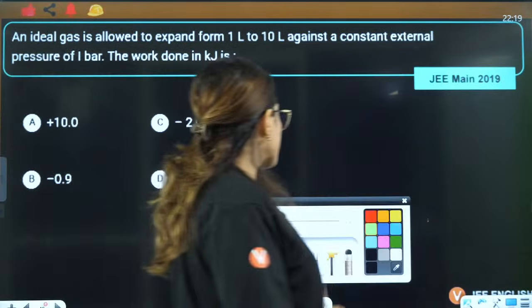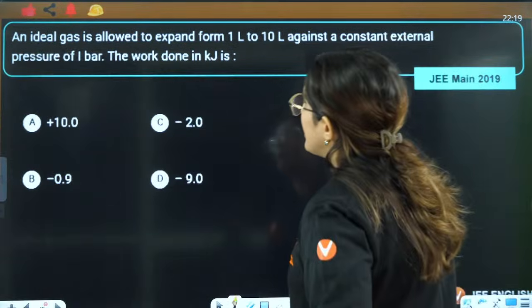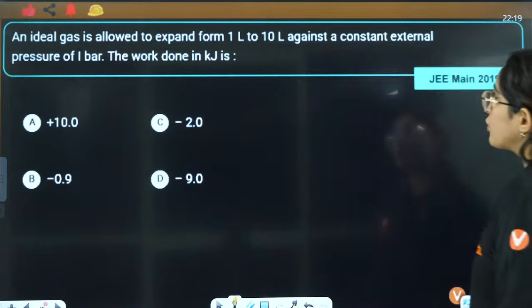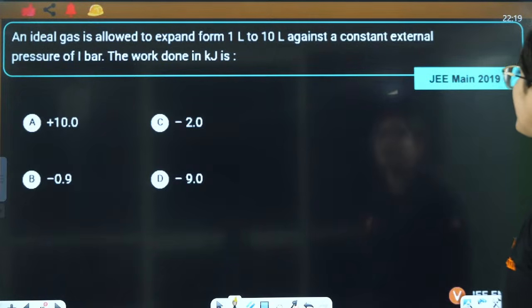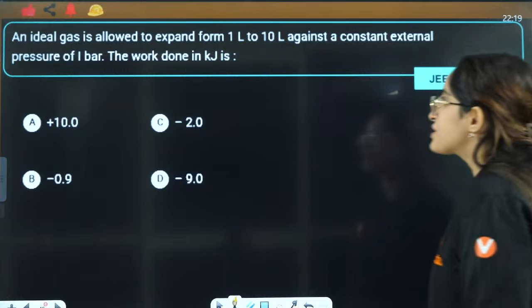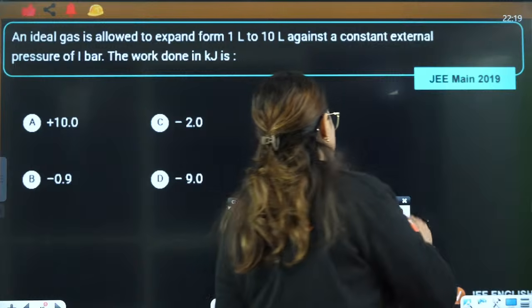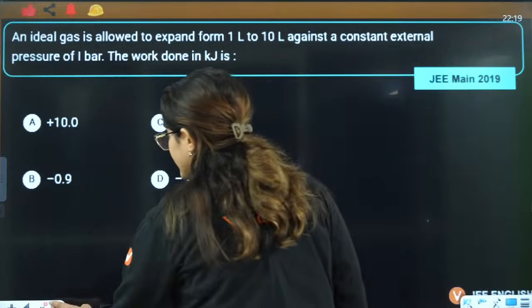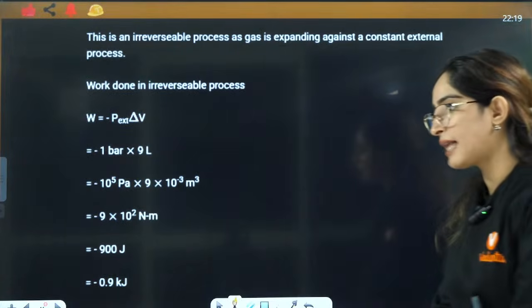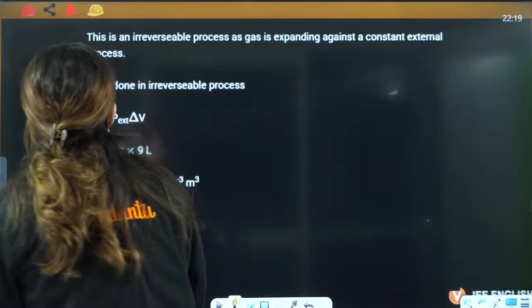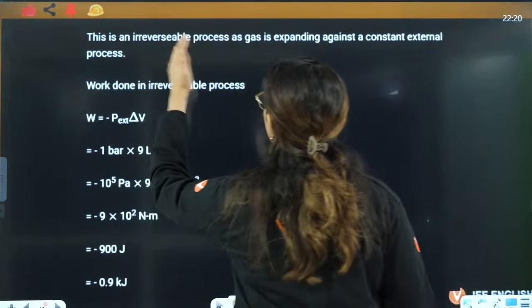Now let's see this question: an ideal gas is allowed to expand from 1 liter to 10 liter against a constant external pressure of 1 bar. The work done in kilojoule is what? So they are asking you the work done in kilojoule. So this is an irreversible process.